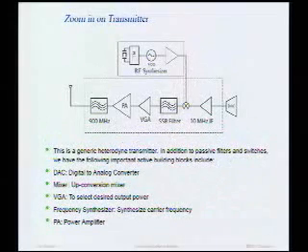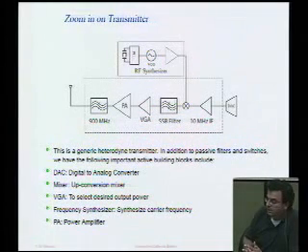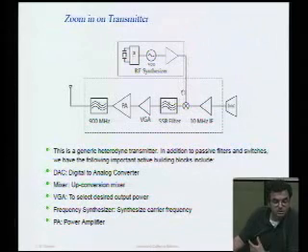Okay, a transmitter is a dual of a receiver, but it's very different. The kinds of constraints that you have when you build a transmitter are very different. In particular, a generic transmitter starts out with some digital bits, converts them into analog signals, and multiplies it by a local oscillator, which is generated by the synthesizer that we just discussed.